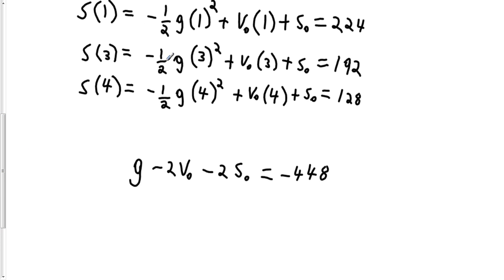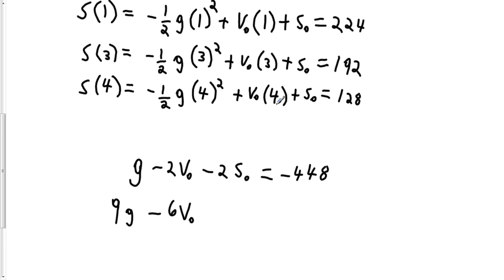Let's take a look at the second equation. I'm also going to clear the fractions here by multiplying by negative 2. When I multiply negative 1 half by negative 2, it becomes a 1, and then 3 squared is 9, so I get 9 times g. Multiplying this by negative 2, 3 times negative 2 is negative 6 v sub 0.